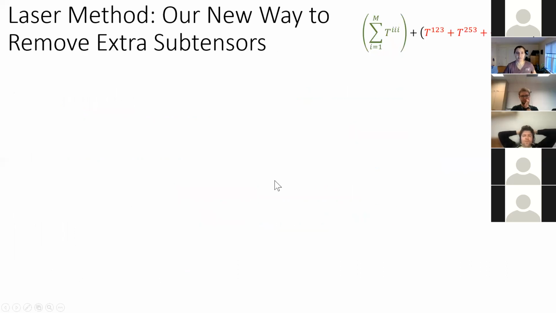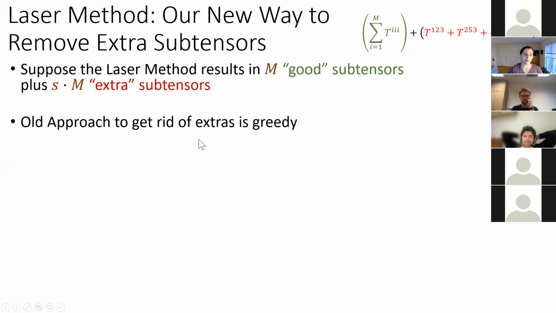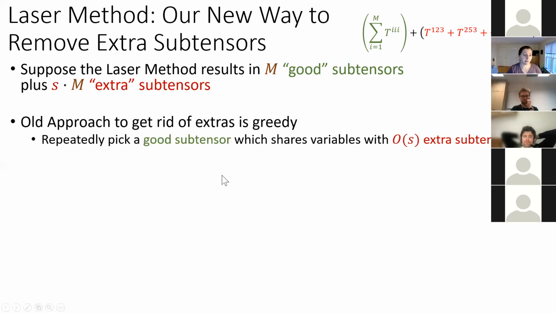All right, so here's some more details on how it was done. The laser method gives you these good ones and some bad ones, and you want to get rid of the bad ones. There's S times M of the bad ones. The old approach was a greedy algorithm.